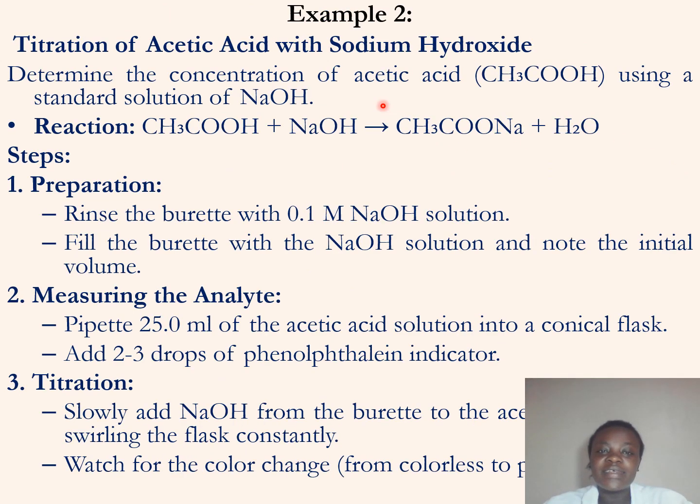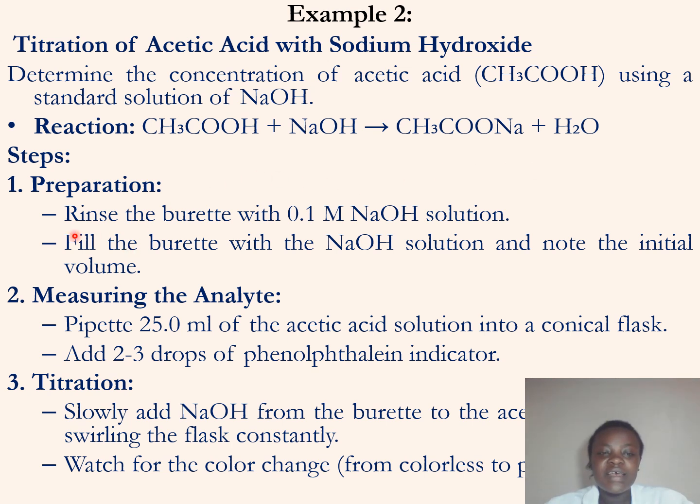We are titrating acetic acid using sodium hydroxide. So we are determining now the concentration of acetic acid. This is the reaction. Acetic acid is an alkanoic acid, so CH3COOH plus sodium hydroxide gives us sodium ethanoate plus what? Plus water.